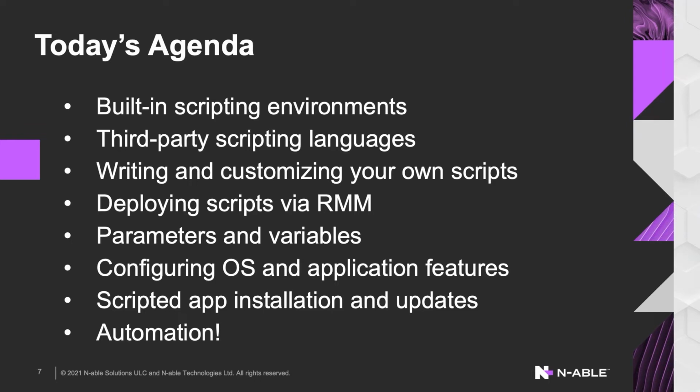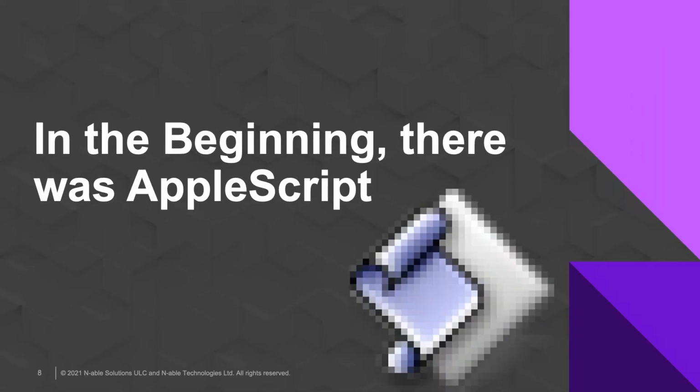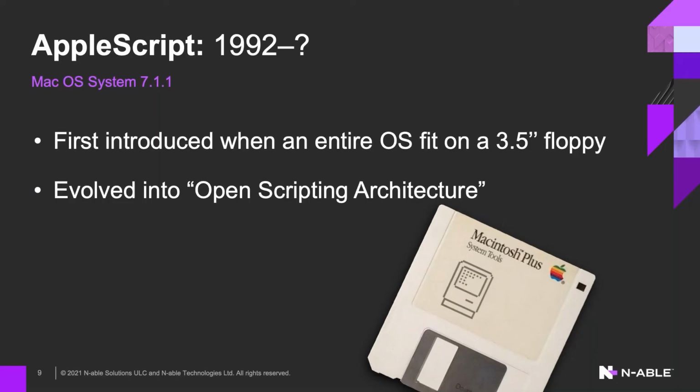So on to, in the beginning, there was AppleScript. Initially, the Mac did not have a command line or any kind of built-in programming environment like DOS or your mainframes and minicomputers back in the day. So Apple eventually developed its own scripting language to make up for that.